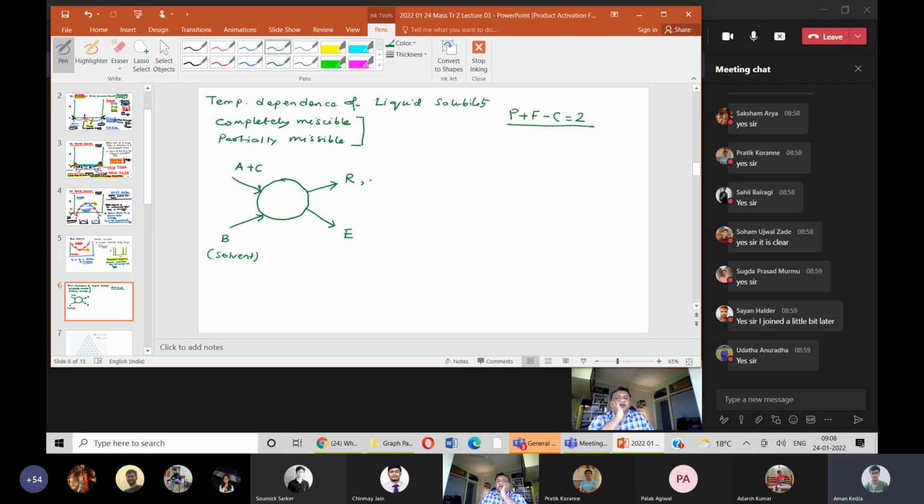So here the mole fraction of C is XR. Here the mole fraction is YE. Typically, the mole fraction of C in the solvent is YS, and under normal circumstances, it is 0, because there is no reason, at least to start with, we can always say we are using a pure solvent.